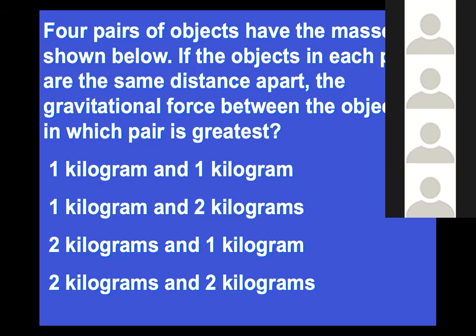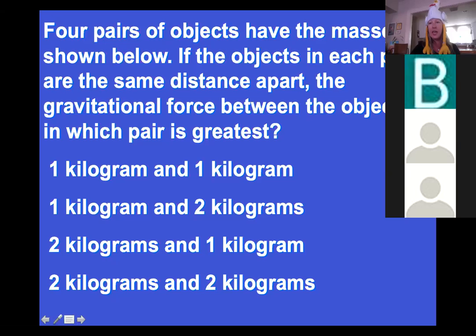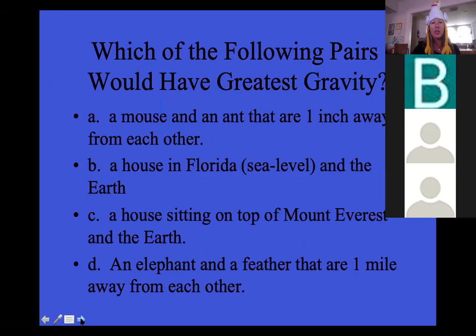Because they're the same distance as all the other masses, and plus they have a greater mass. Yeah, exactly. They're the same distance apart, but they have the largest mass between them, and so they have the most attraction between them. Okay, excellent.